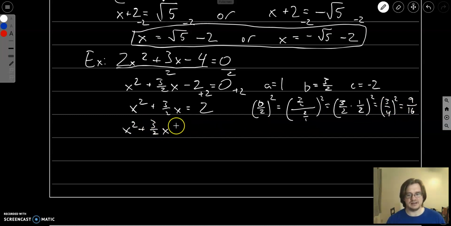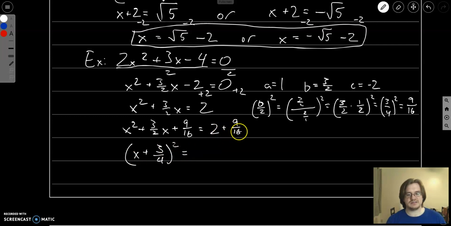So I add 9 over 16, and whatever I do to one side, I have to do to the other. And then what I notice is that this left-hand side is a perfect square. This is exactly what I wanted to happen. So this is going to be x plus b over 2. So 3 halves divided by 2, we said was 3/4, quantity squared.